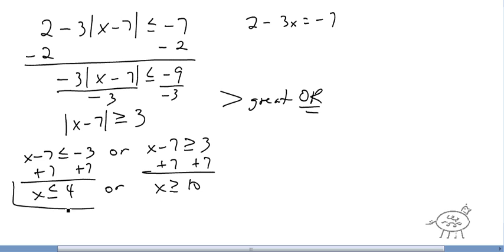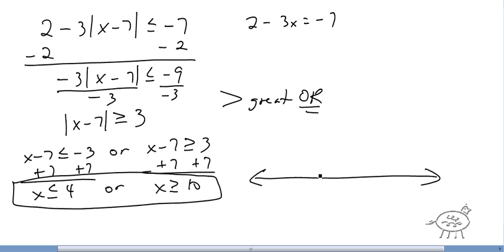So that is your answer. Again, do not forget the word or. And then if I graph this, I get a 4 here, and 7 here, and 10. So it's less than or equal to 4, greater than or equal to 10. And that's the solution to that problem.